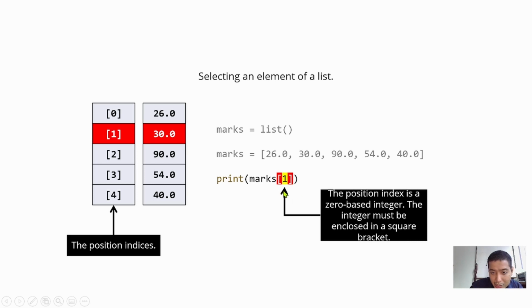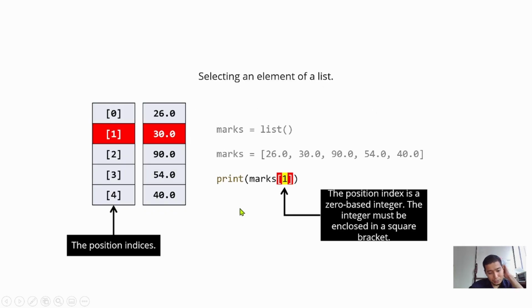This is my position index, the yellow color here. My position index is 1 because I want to access the element at position 1. So I do it this way, and then I use my print function to print the value. So the integer here must be enclosed in a square bracket.